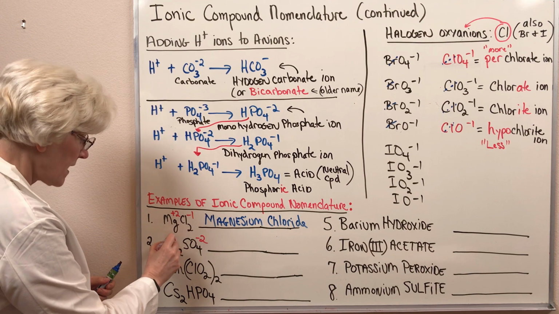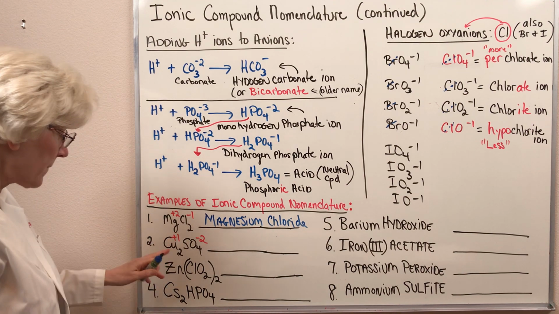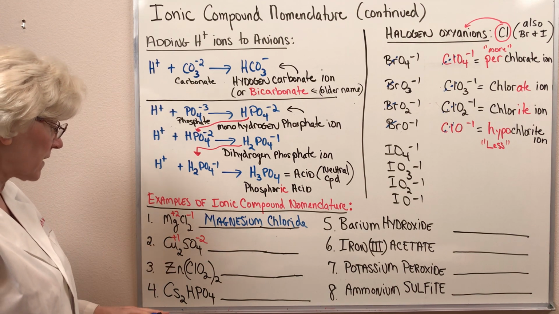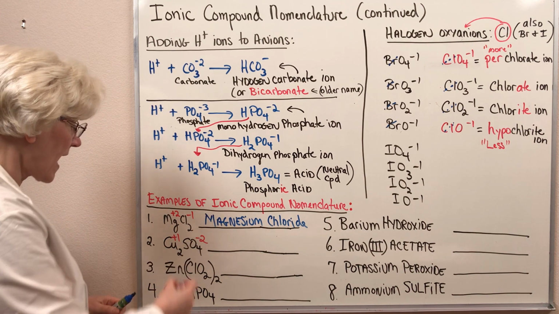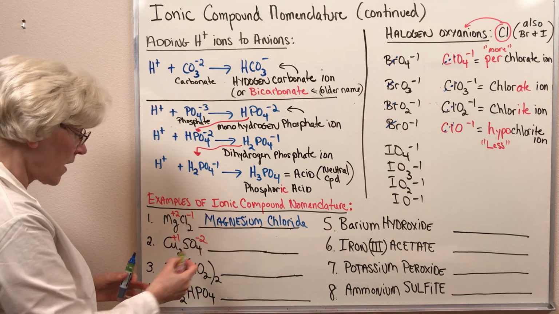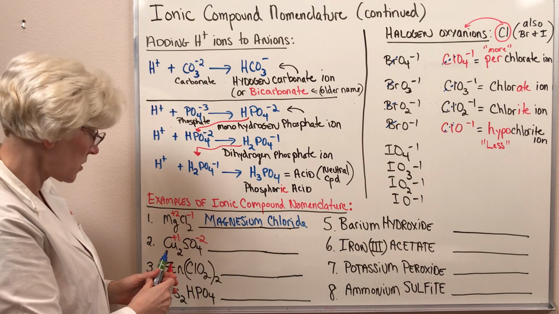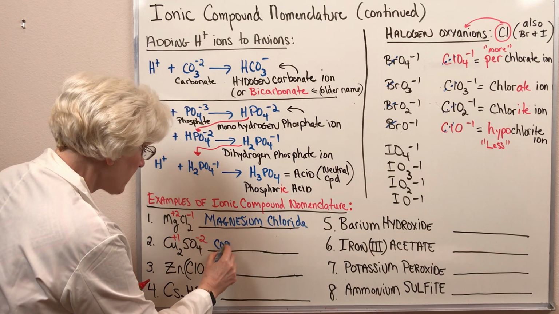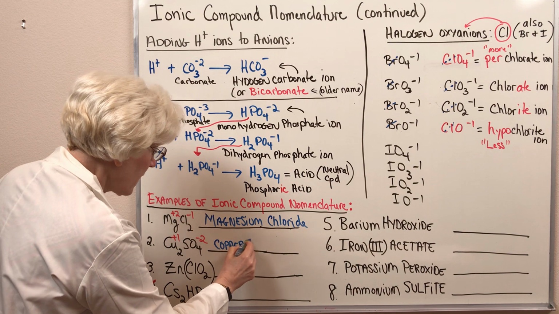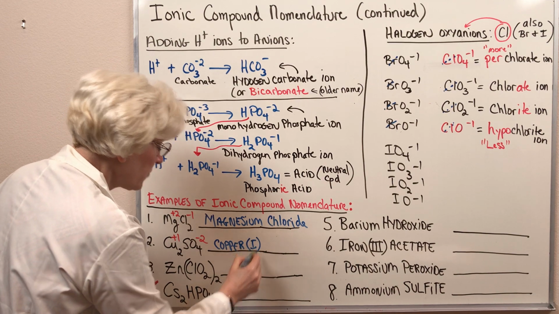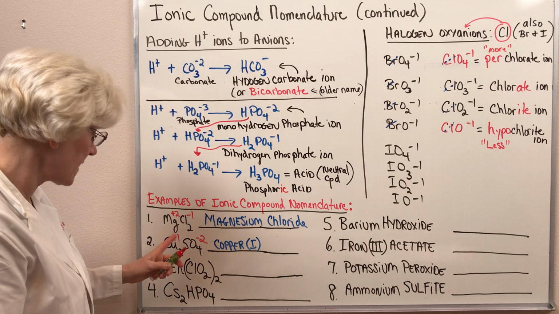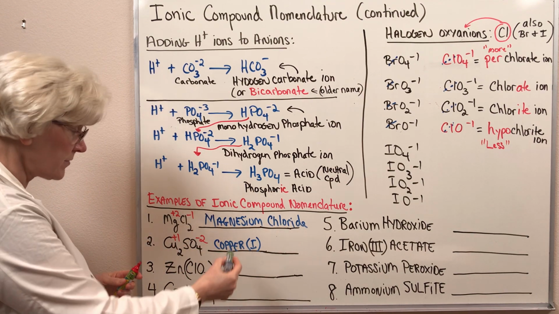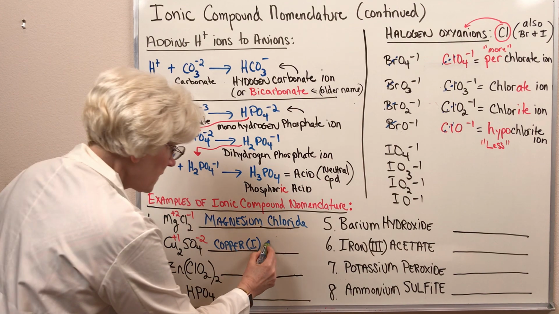That means each copper in the compound has to be a +1 charge. 2 times the +1 is a +2, and that adds up with the -2 on sulfate to give a neutral compound. So I can name this compound copper, and I have to include that Roman numeral in parentheses indicating the charge per each copper ion in the compound, copper 1 sulfate.